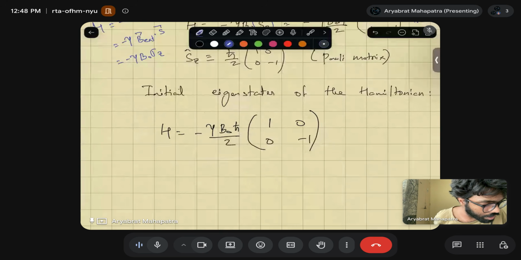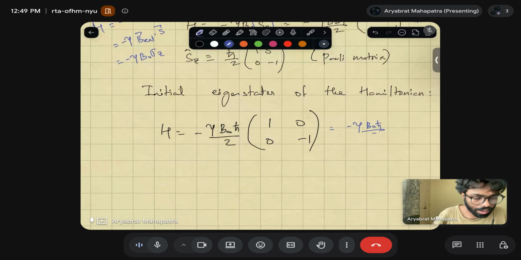It's just the Pauli matrix sigma z. So if we want to know the eigenvector of H, it means the eigenvector of sigma z.